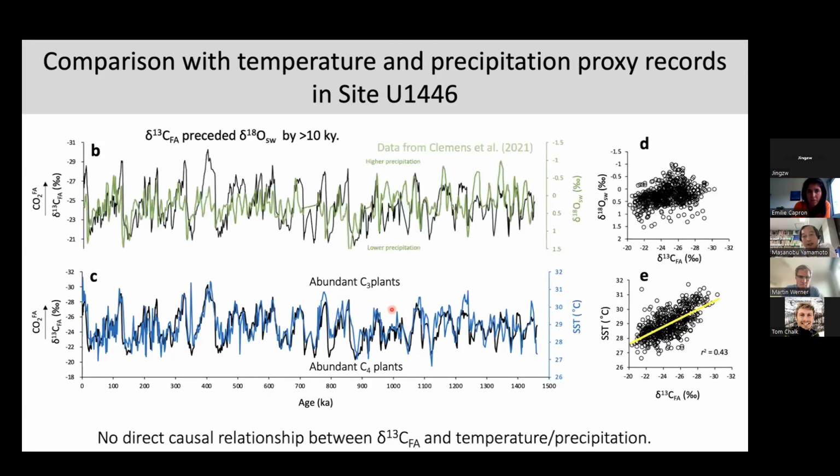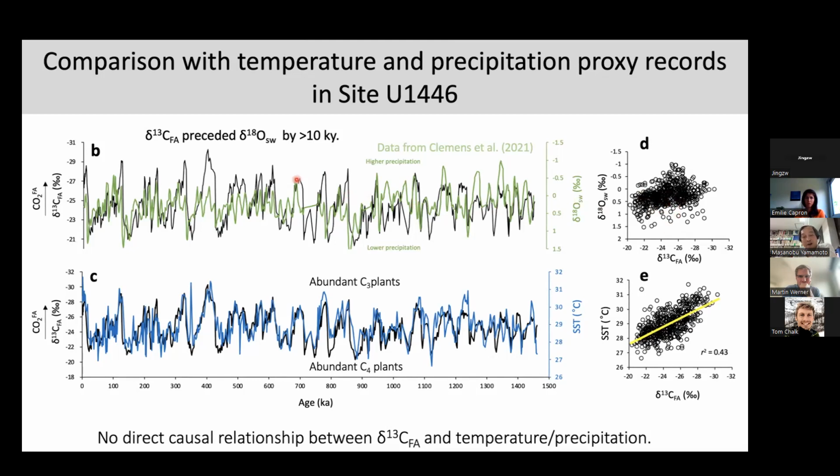And this green line indicates the delta O18 of sea surface water, ocean water. This was calculated from the oxygen isotopic composition of planktic foraminifera by correction of global ice volume and temperature effects. So the correlation is not good.